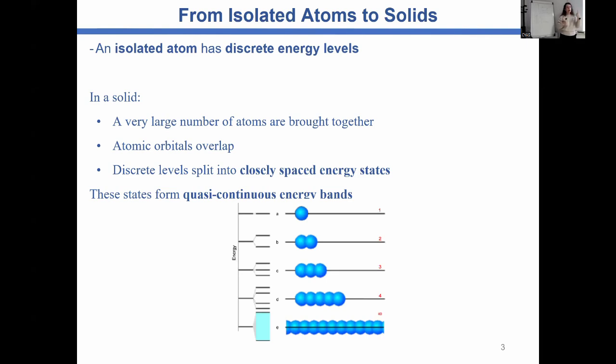We are seeing just one atom. When we have several atoms, the nucleus of one atom can interact with another nucleus.